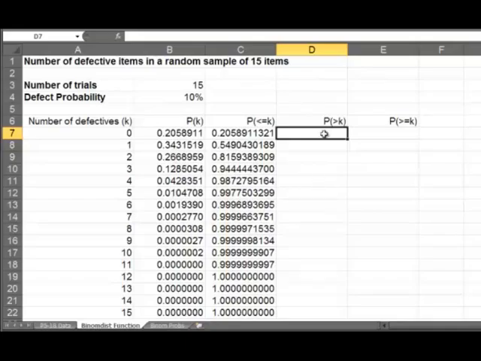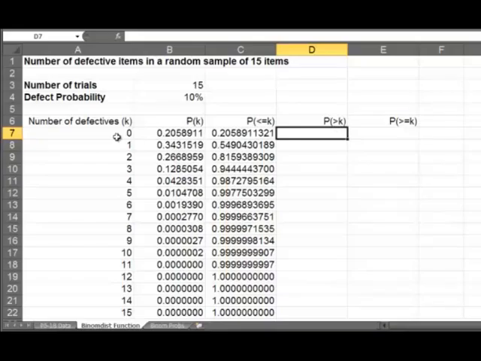So if all I have to calculate probabilities is this binomial dist formula that gives me probabilities at or below a certain value, I can use my complement rule and say the probability of being greater than k is going to be 1 minus the probability of being at k or below.